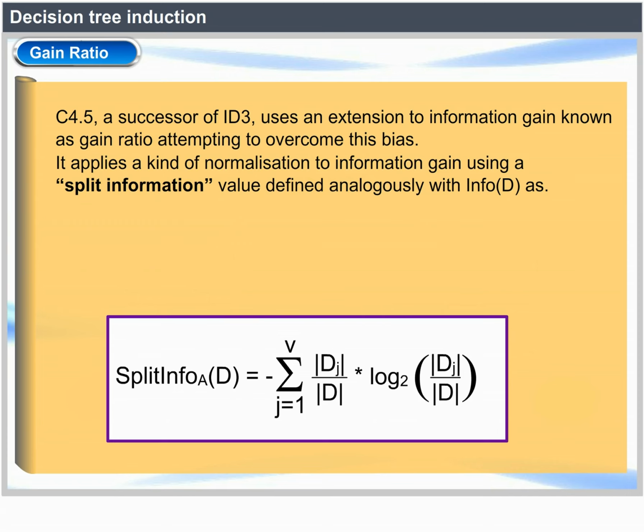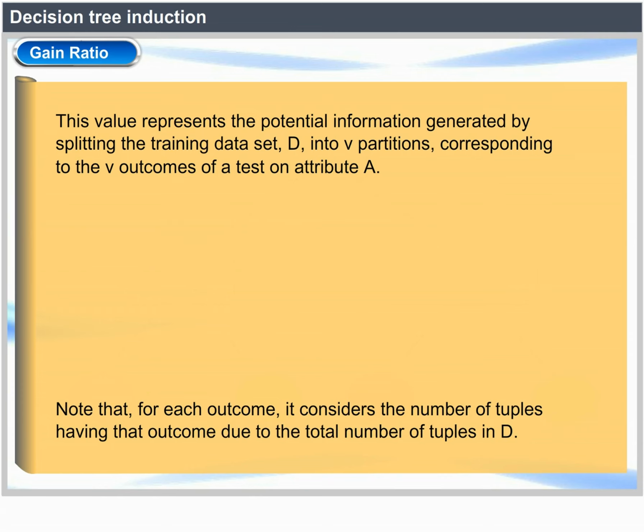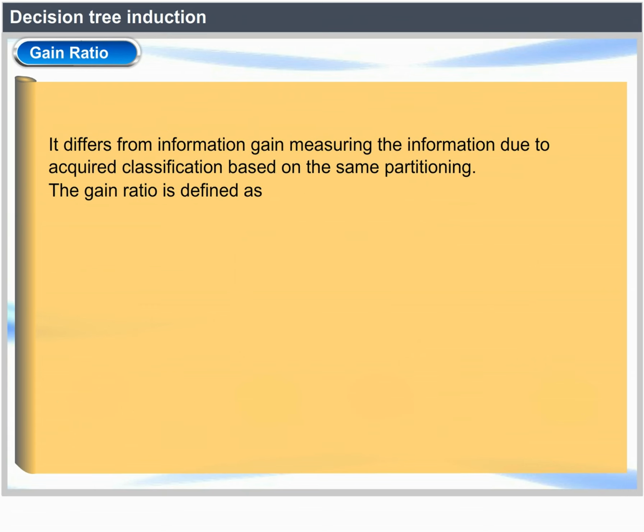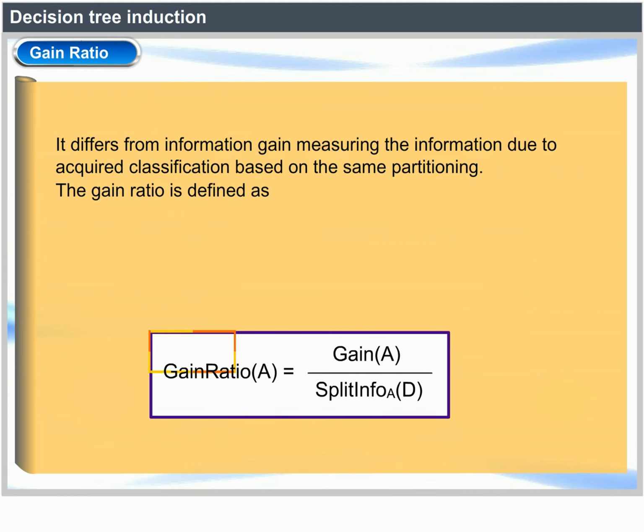This value represents the potential information generated by splitting the training data set D into v partitions corresponding to the v outcomes of a test on attribute A. Note that for each outcome, it considers the number of tuples having that outcome with respect to the total number of tuples in D. It differs from information gain, which measures the information with respect to classification that is acquired based on the same partitioning. The gain ratio is defined as GainRatio(A) equals Gain(A) divided by SplitInfo_A(D).